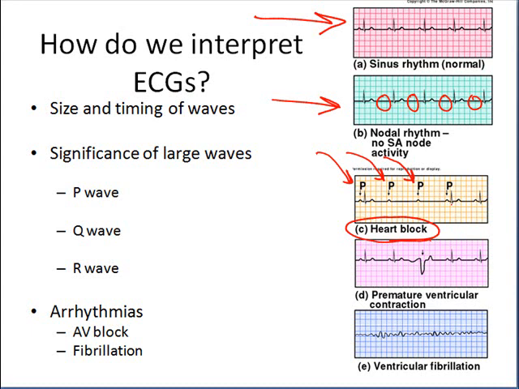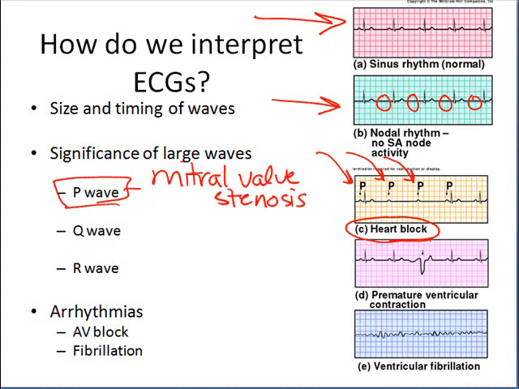If I have a really large P wave, and I don't have a picture of this, sorry, but a really large P wave usually indicates that you have mitral valve stenosis, or that narrowing of the left atrioventricular valve. If I have a really big Q part of the QRS complex, that's usually indicative of a myocardial infarction.